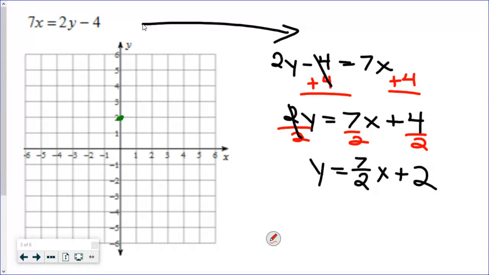So if I go 1, 2, 1, 2, 3, 4, 5, 6, 7, I have to go back that way to guarantee a positive slope, because a negative over a negative is a positive. Oops, and that's what it would look like if I actually hit that dot. I should. And I look at my graph and I go, it's a positive slope. Yep, my equation says a positive slope. My y-intercept is at positive 2. Yes, that is a positive.